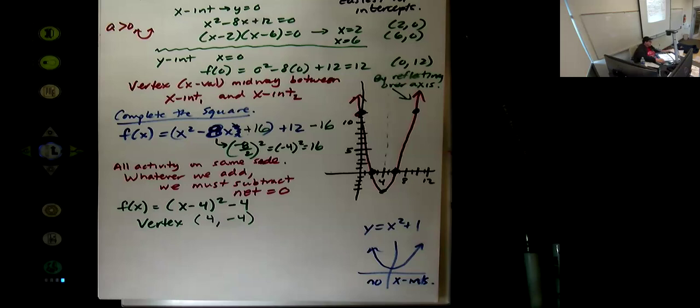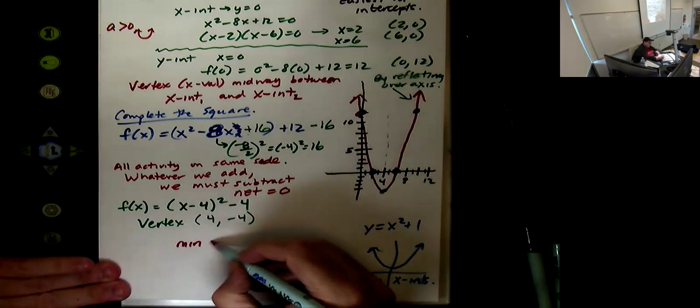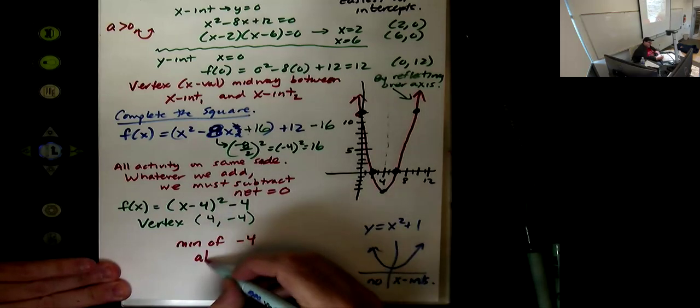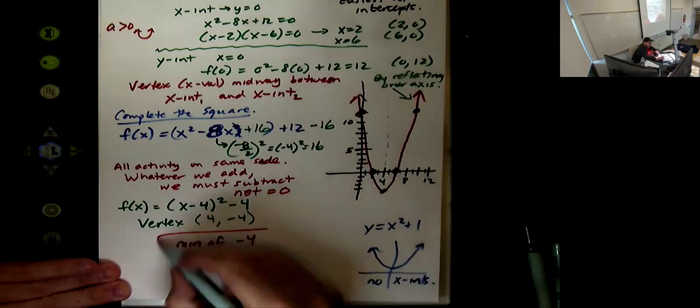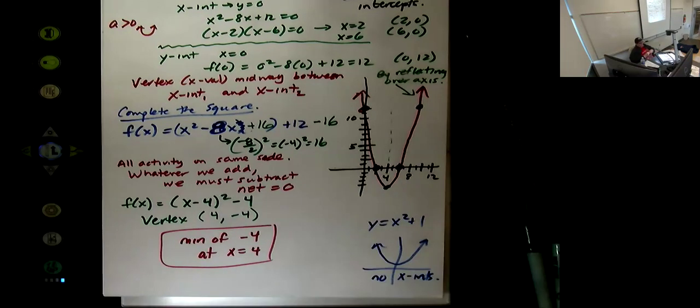Ooh, this is the fun zone, class. So this is a min at -4 and x equals 4. Yes, exactly. This is a min of -4 at x equals 4. Is this not your favorite class?